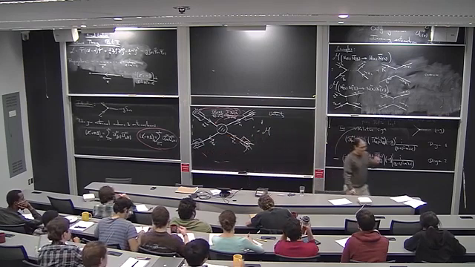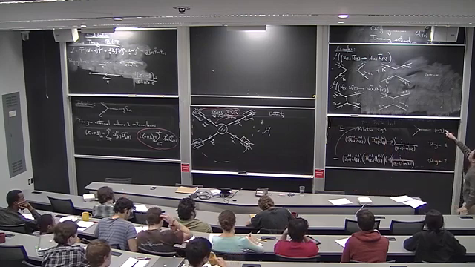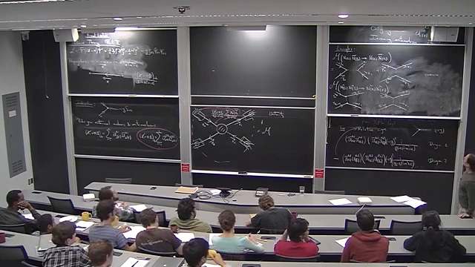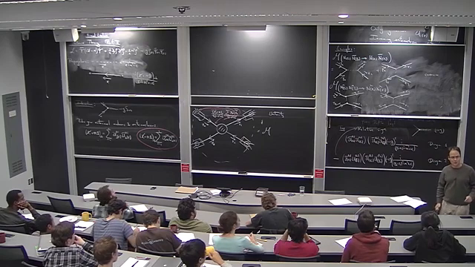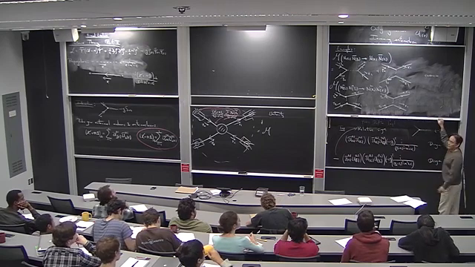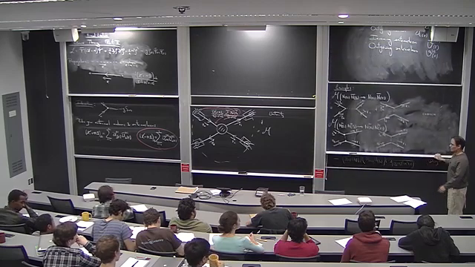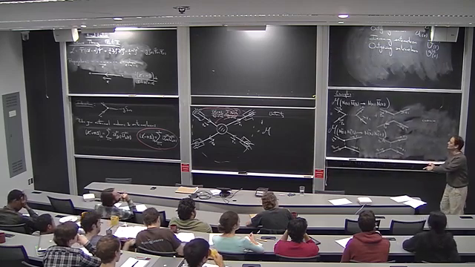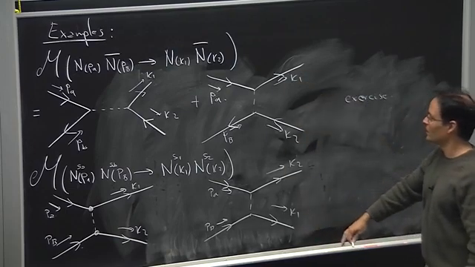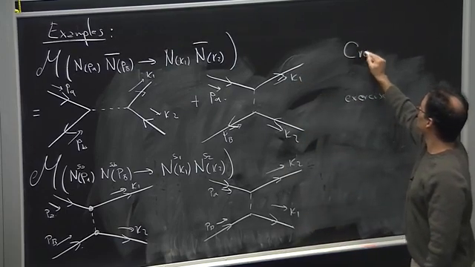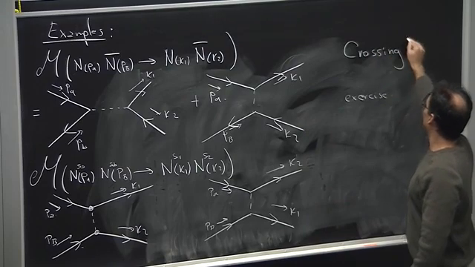Now, the reason I drew the first example was not just to waste time, because clearly we don't have too much time. It was because I want you to check that with that minus sign, in this case, if you put this together with the other case, you can check crossing.